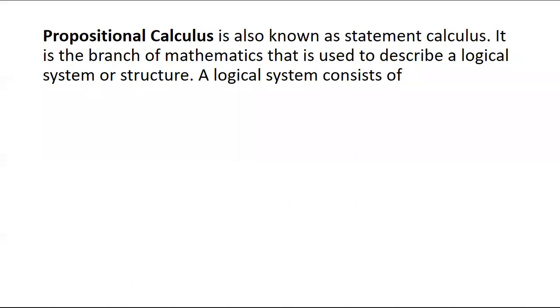It is a branch of mathematics that is used to describe a logical system or a structure. With this, we are going to form the logical structure. A logical system consists of, first one, a universe of propositions. Here, what are propositions?